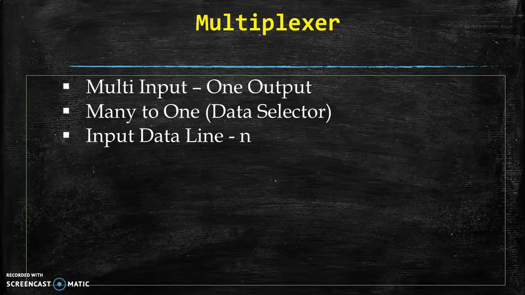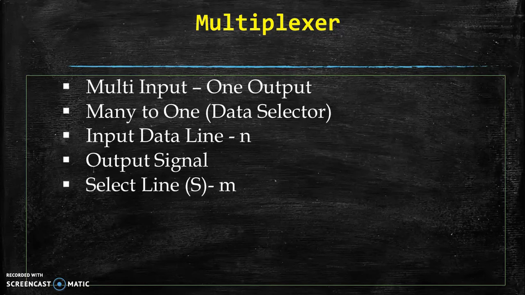We have many inputs but only one output. We have n number of input lines and we have only one output signal. We have a control signal, also known as a select line. We have m number of select lines. Now we have a relationship between the control signals, that is our select lines, and the input data lines. Suppose we have n number of input lines, then the select lines required are given by n equals 2 raised to power m.